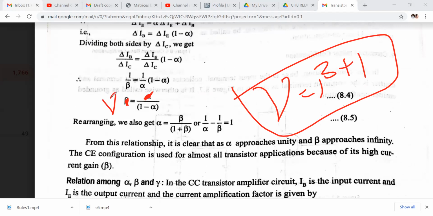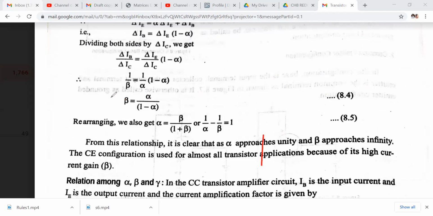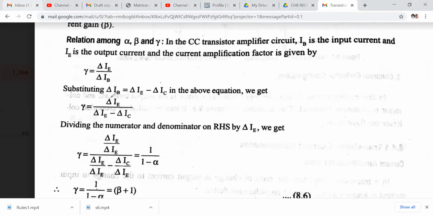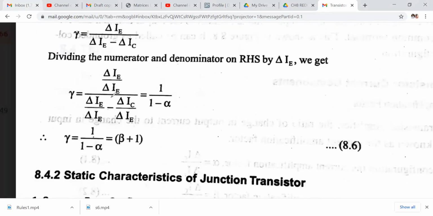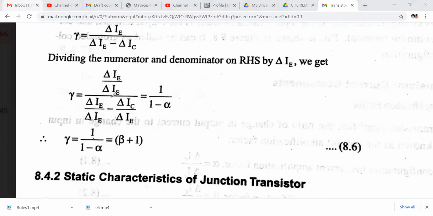That is one of the easy ways to remember things. Clear now? If I put alpha here, it will become beta. That's it, you got the point.